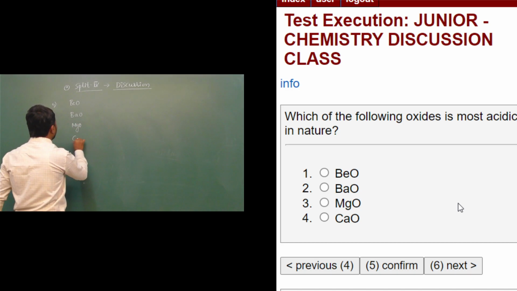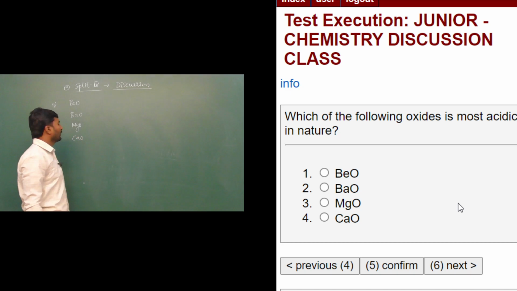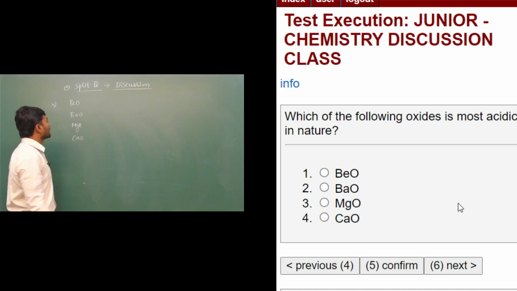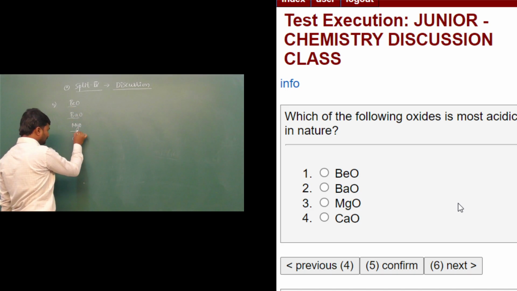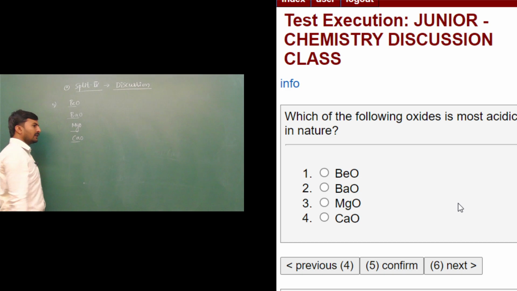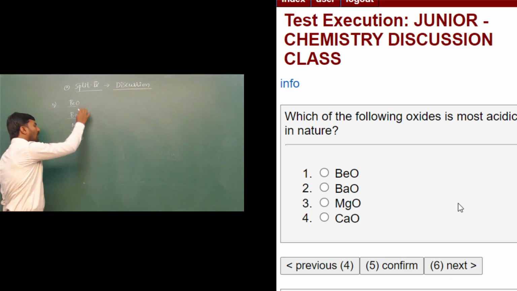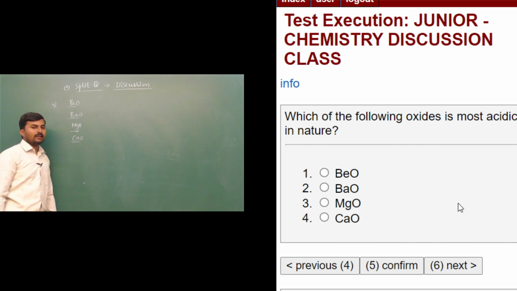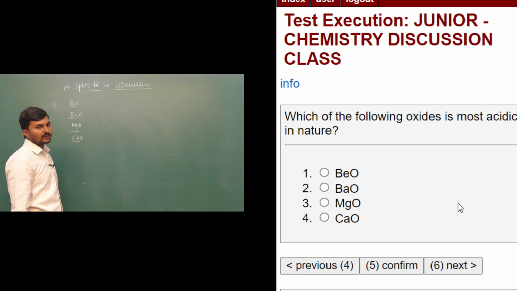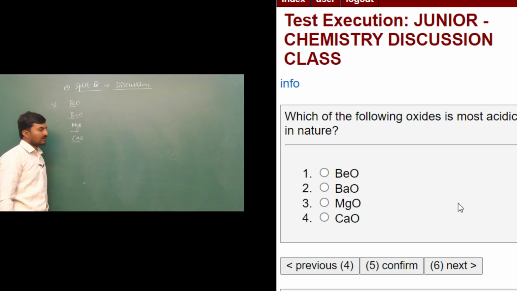So these are the oxides of alkaline earth metals: beryllium, barium, magnesium followed by calcium. According to it, which of the following oxides is most acidic is the question.